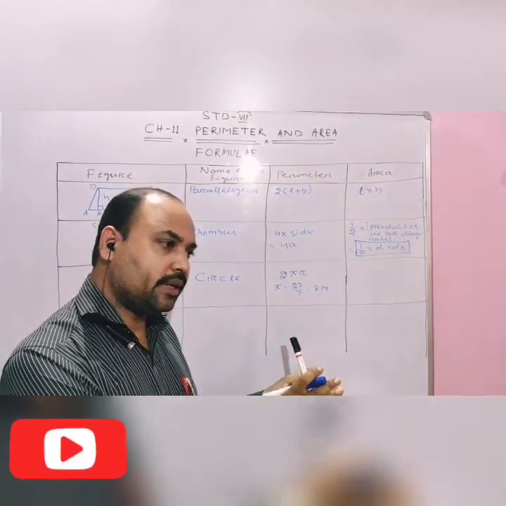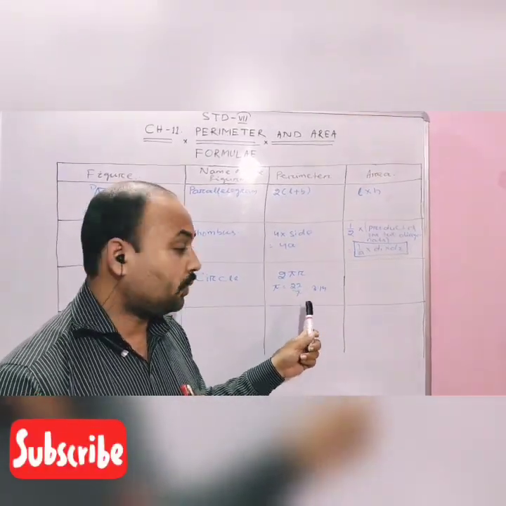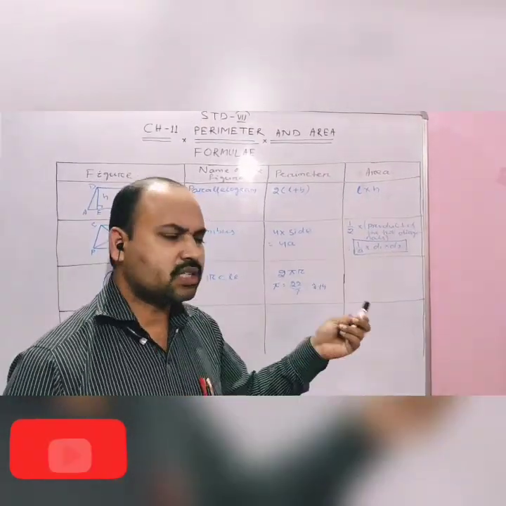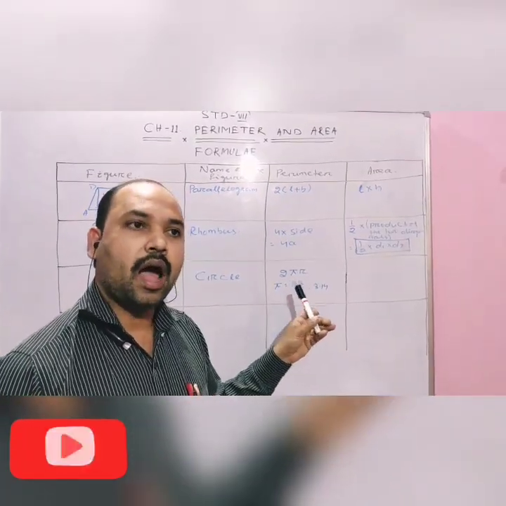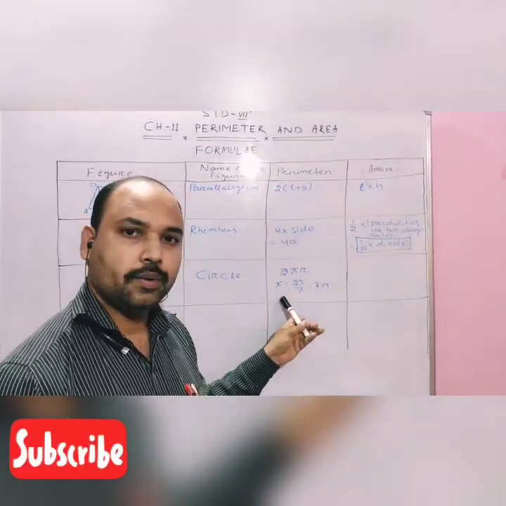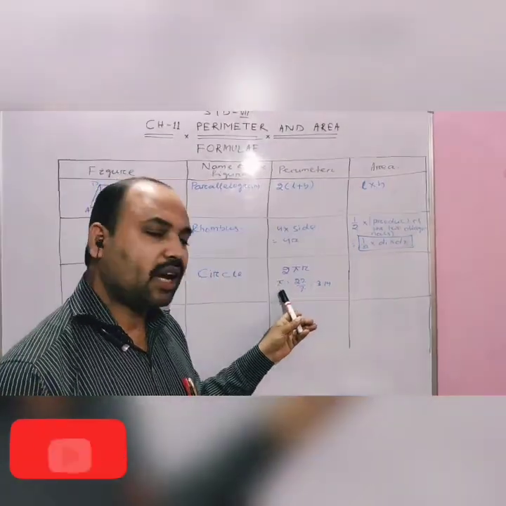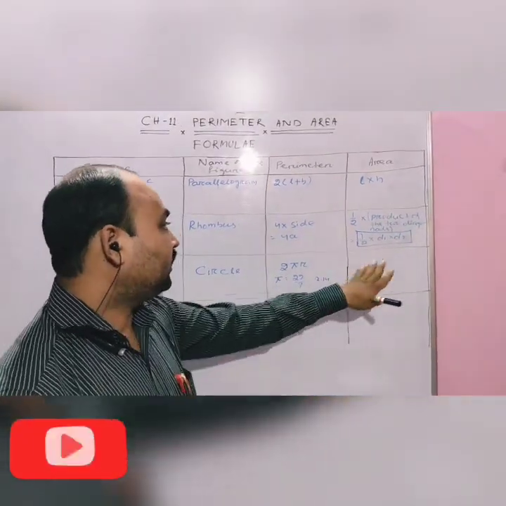Pi is irrational, but 22 by 7 is rational. How is it possible? It means 22 by 7 is not the accurate value of pi. It is the closest value, the nearest value. We cannot find the exact value of pi. Got it?